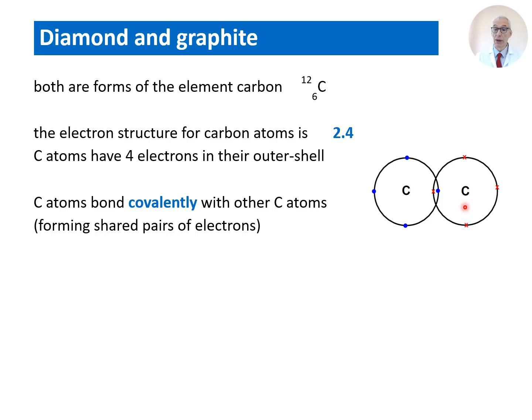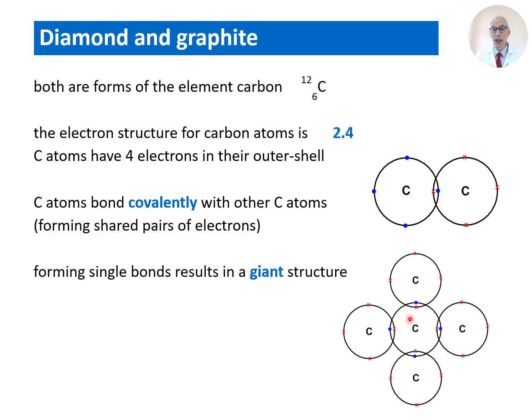Just as with the previous example of silicon, single bonding between carbon atoms will result in a giant structure, in that a central carbon will bond to 4 carbons, forming 4 shared pairs of electrons.